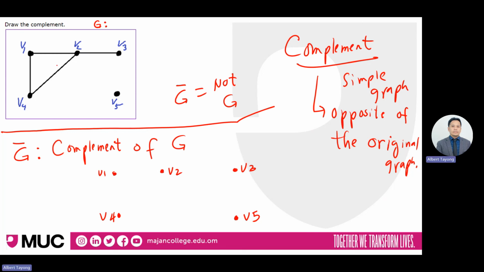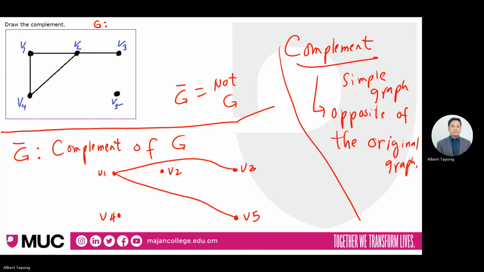As you can see, our V1 is adjacent to 2 and 4. The opposite is 3 and 5. So either you can do like this or like that. It's up to you. So V1 is now adjacent to 3 and 5. Originally, V1 to V2 is now deleted, and V1 to V4 is deleted because it's the opposite.